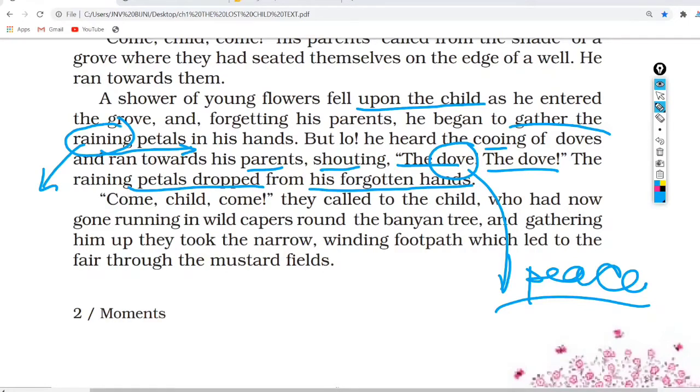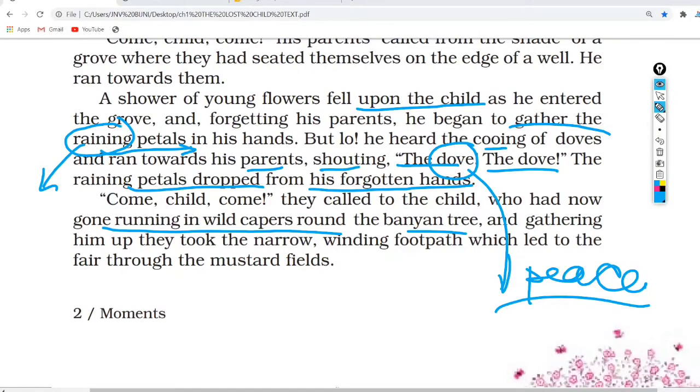So at that time also the parents give the call to the child, and he had gone running into the wild capers around the banyan tree. Okay, so at that time he went around the banyan tree.